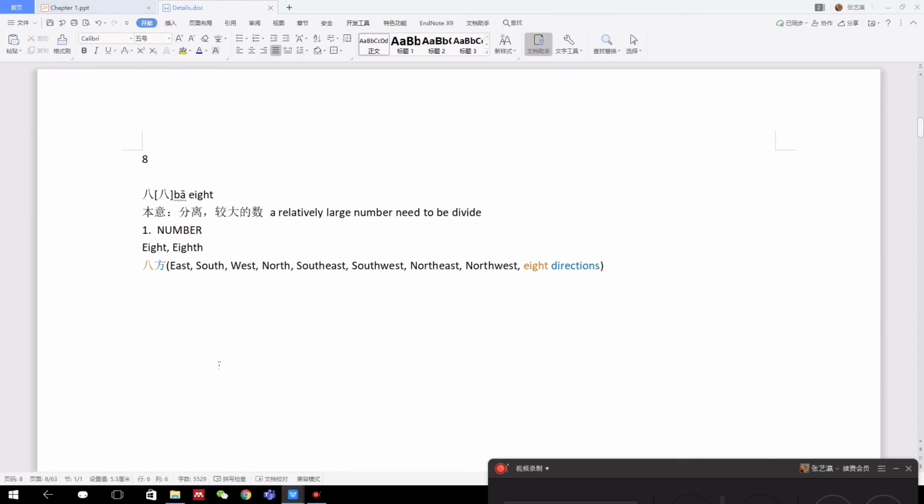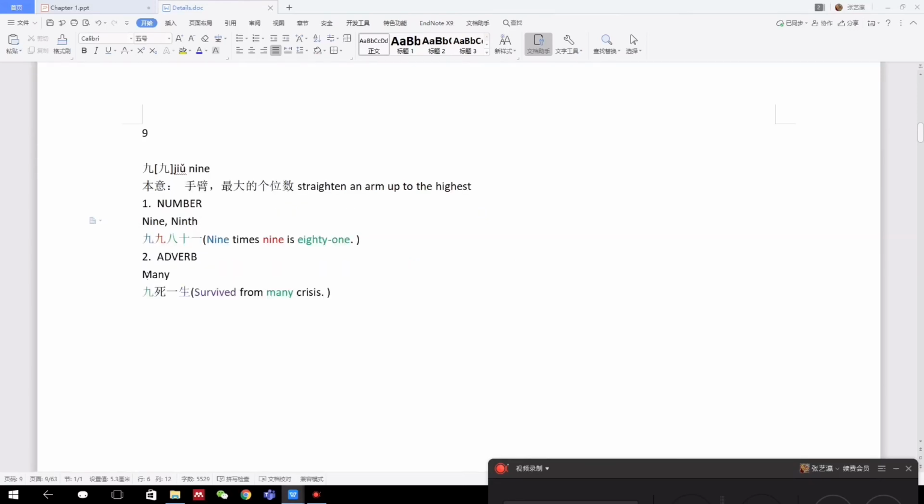For example, 9 times 9 is 81. It can also mean many, not necessarily 9, like 九死一生, survived from many crises, not necessarily survived from 9 crises.